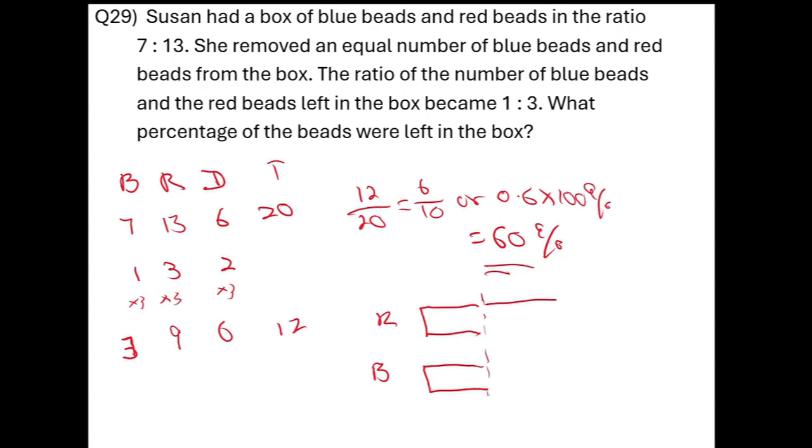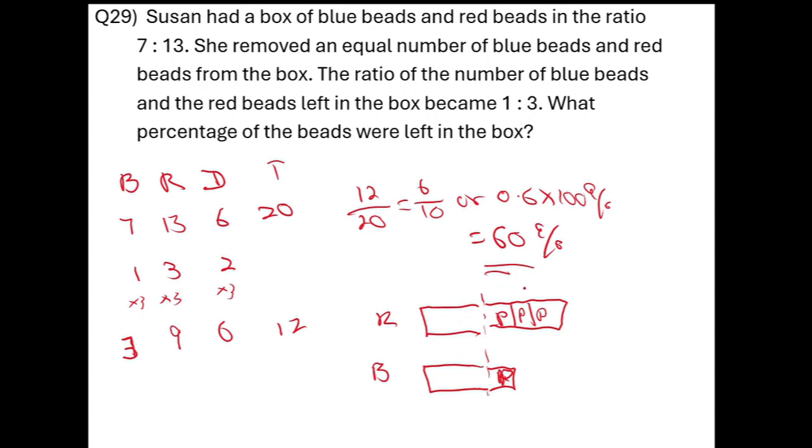So this one has to be 3. Let's say I call this P, P, P, and this has to be 1. So this 3 units, this 1 unit, is stated here.